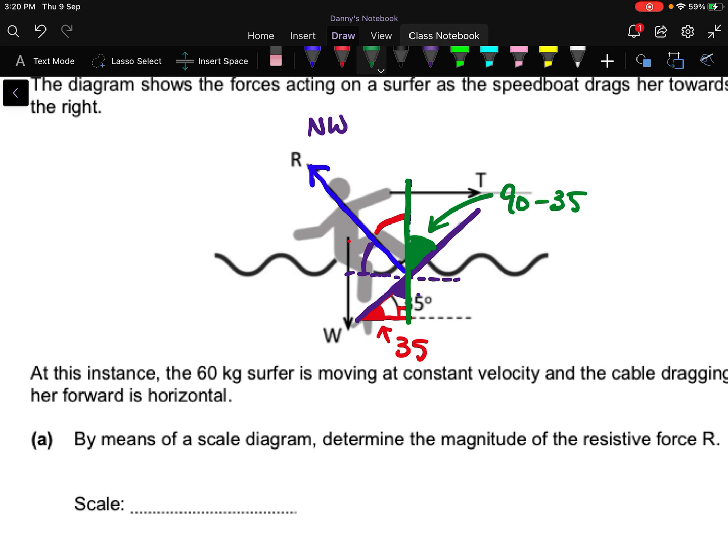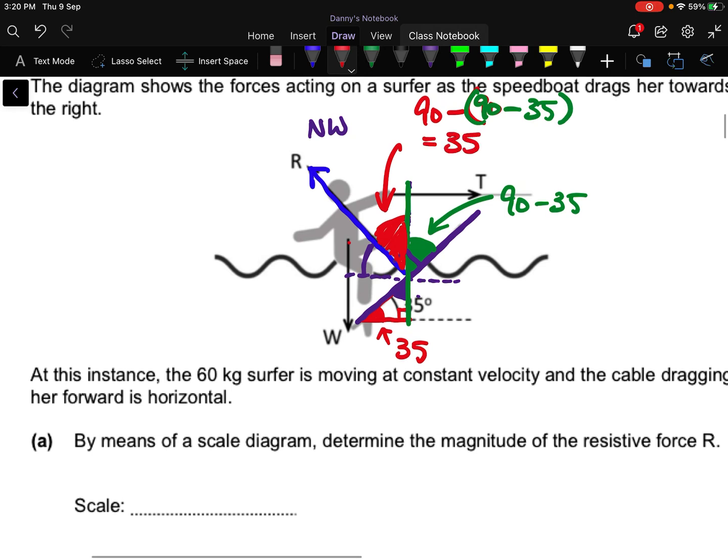In other words, you also know that this part over here is 90 degrees. So this red quadrant is 90 minus 90 minus 35, and if you solve this, it equals 35.